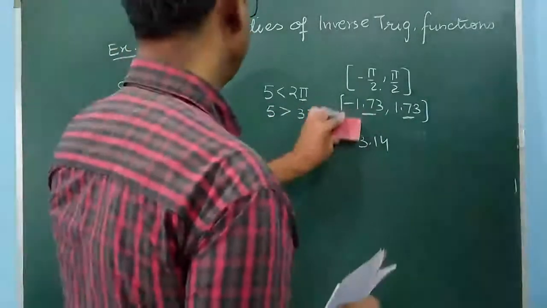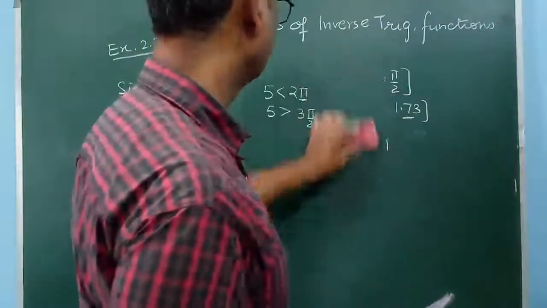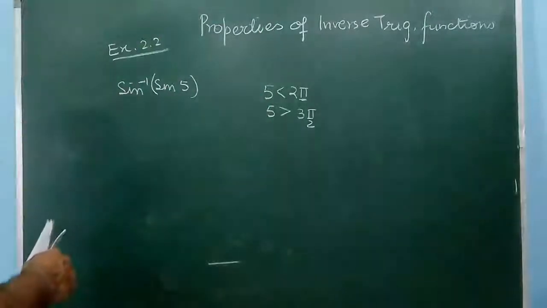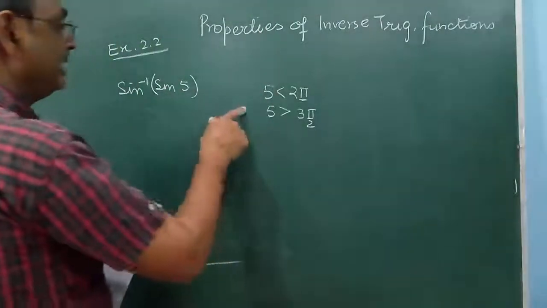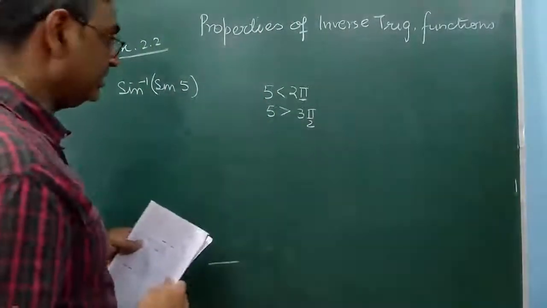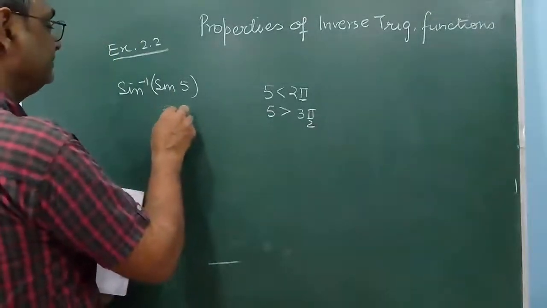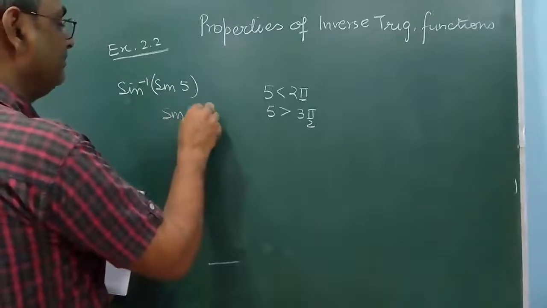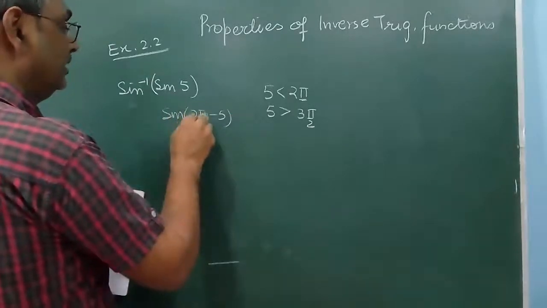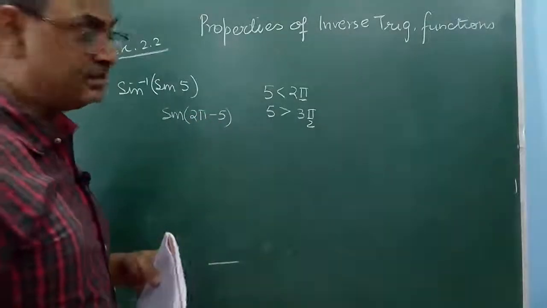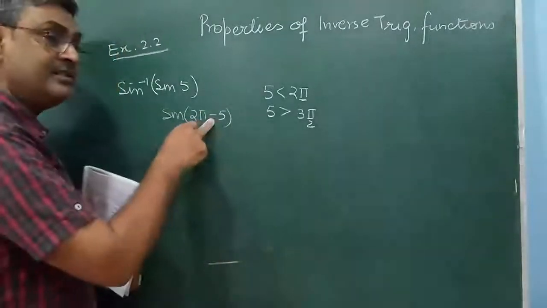So what does this mean? Now, I have to see whether I should write this or this. If I write sine of 2 pi minus 5, because sine of 360 minus theta is minus sine theta, the minus is there. Which quadrant is it?